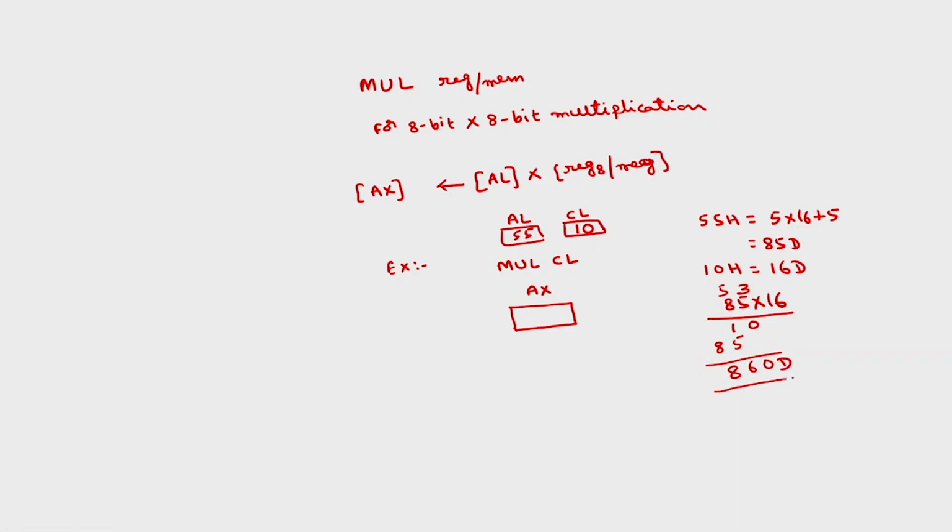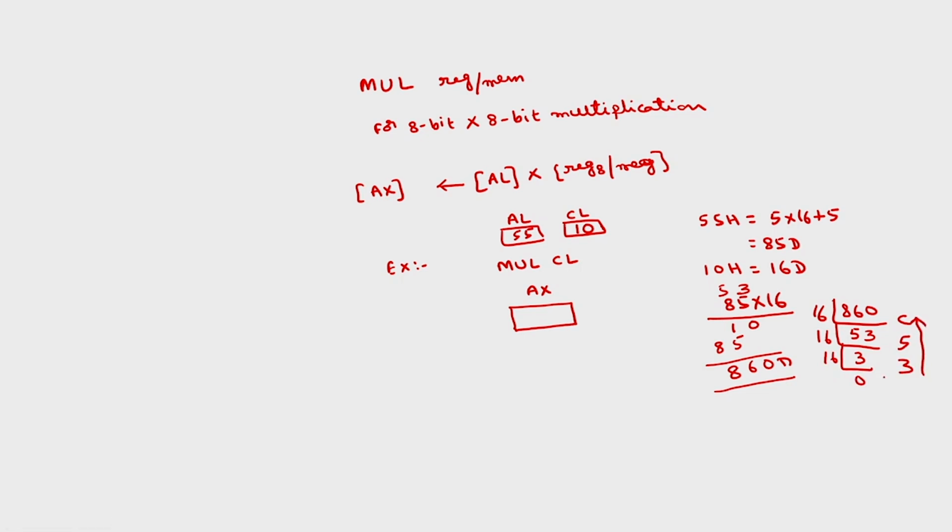Now convert 860 back to hexadecimal by successively dividing by 16. 16 fives are 80, remainder 60; 16 threes are 48, remainder 12, which is C; then 16 times 0 leaves remainder 3.